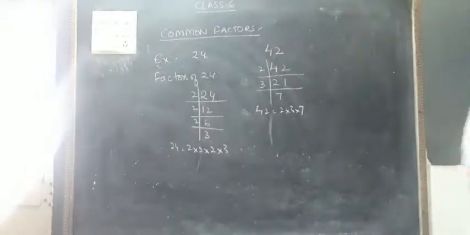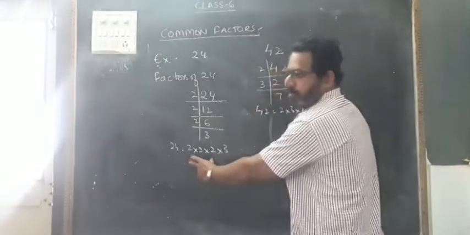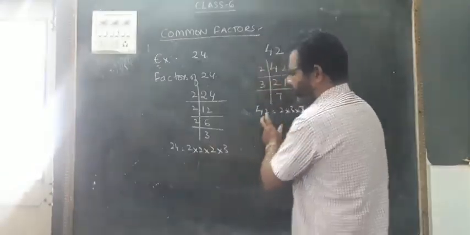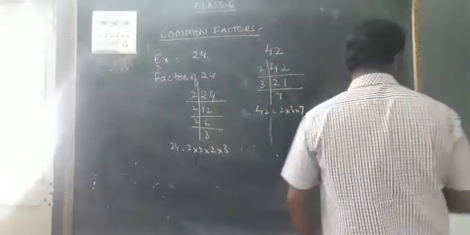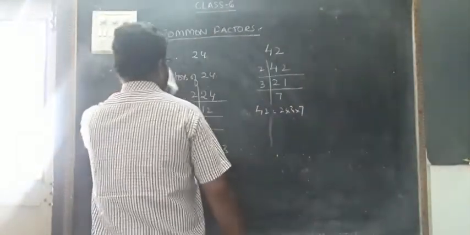Now we have to find out the common factors. This is the prime factorization of 24 and 42 that we have taken. So here I am writing the common factors of 24 and 42.